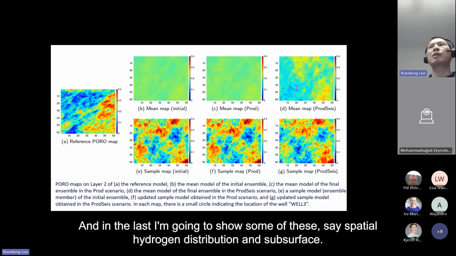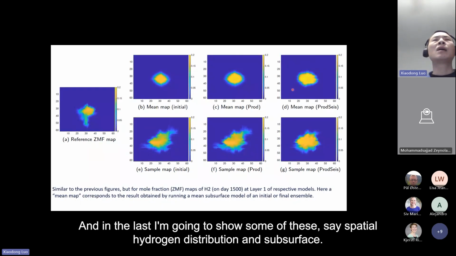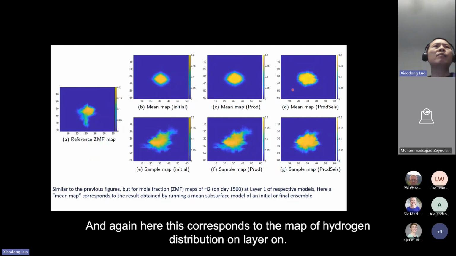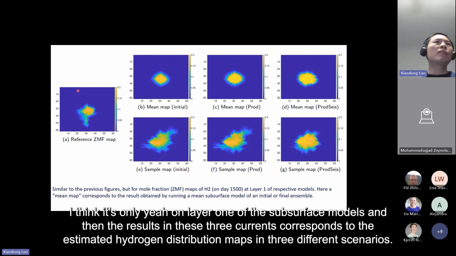And lastly, I'm going to show some of the spatial hydrogen distribution in the subsurface. And again here, this corresponds to the map of hydrogen distribution on layer 1 of the subsurface model. The results in these 3 columns correspond to the estimated hydrogen distribution maps in 3 different scenarios.